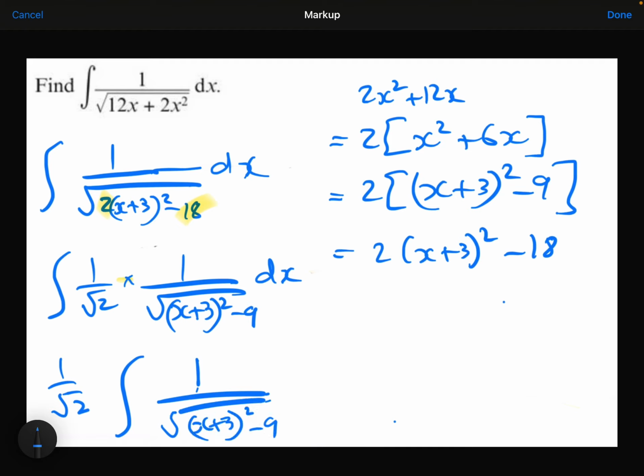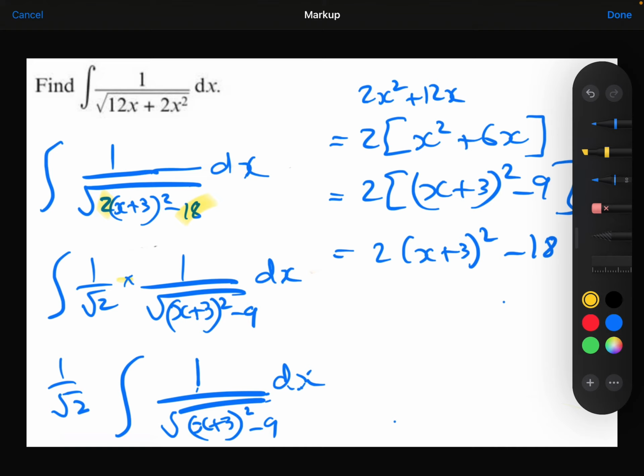Okay, so the whole point of completing the square and changing the denominator like that is the fact that I have now just got x appearing once on the denominator. And in fact, I've got this into a familiar form. If you ignore the plus 3 for a minute, I've got an x squared minus 9 inside the square root, which is actually similar to one of the standard results we saw earlier.